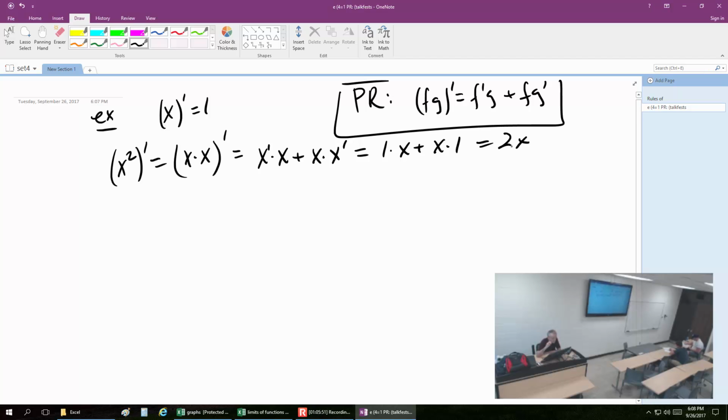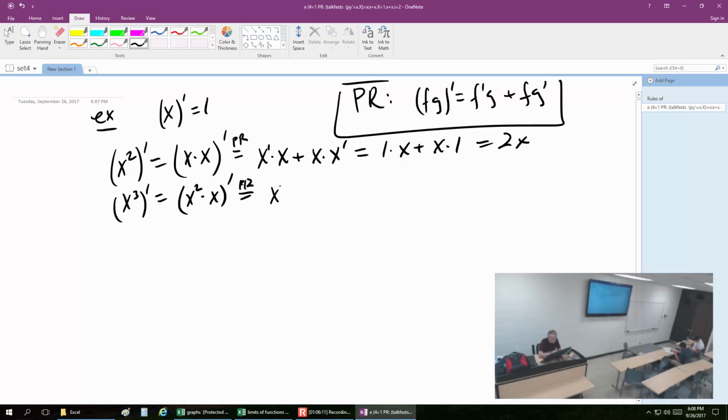Right? Okay, let's do x cubed. I'll split it once again into two familiar functions, x squared and x. I once again apply the product rule. Once again, two functions.